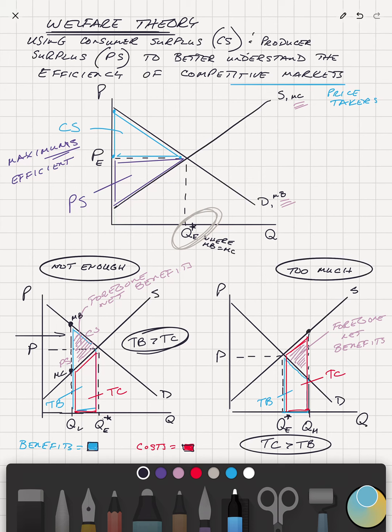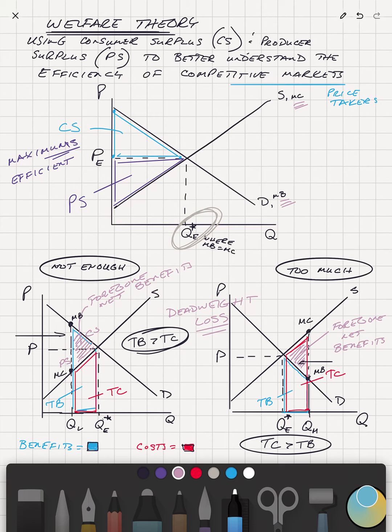On the lower right, here's the marginal cost, here's the marginal benefit. When marginal benefits are less than marginal cost, you want to move back to the left and do less. We talked about that before. This foregone net benefits in each instance is what economists call a deadweight loss.